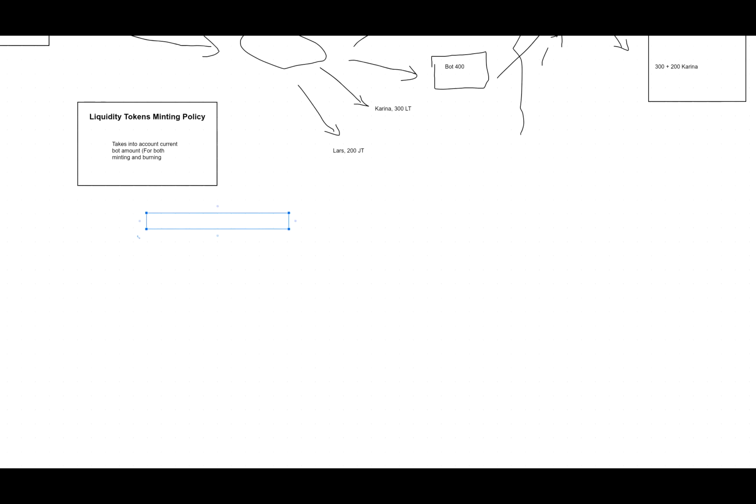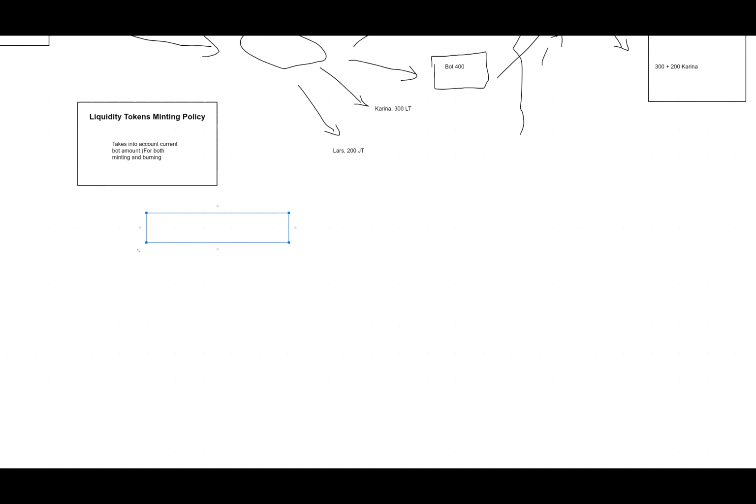People place ADA there to invest. The bot can take and consume those in exchange for JSON tokens to the contributor.